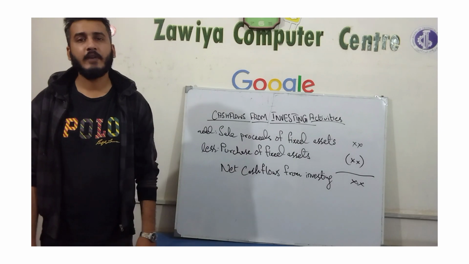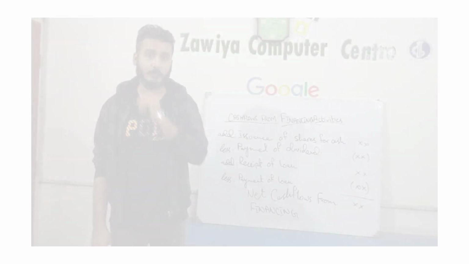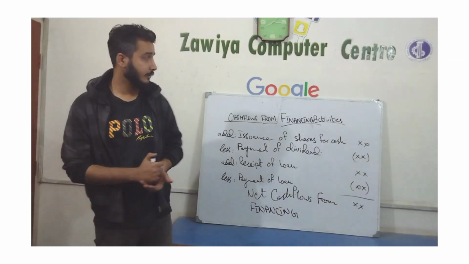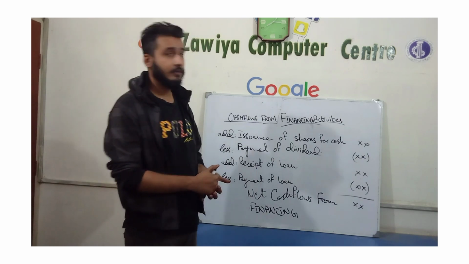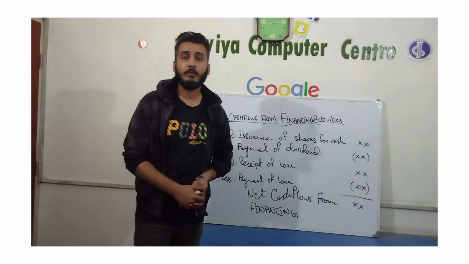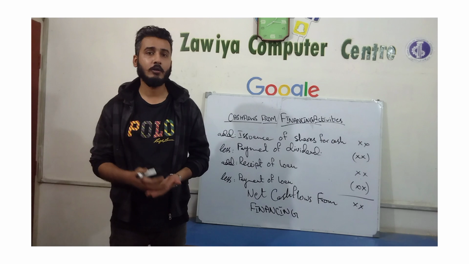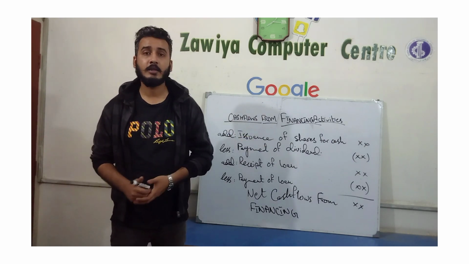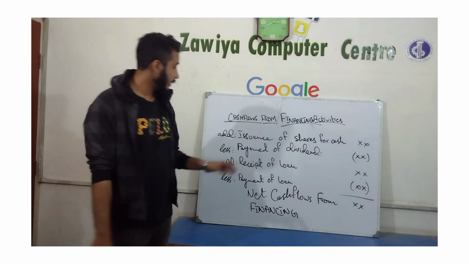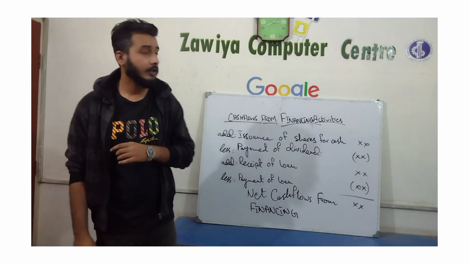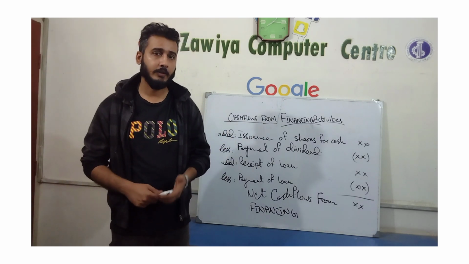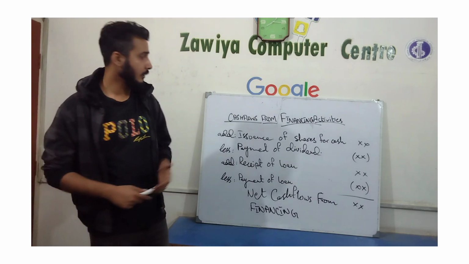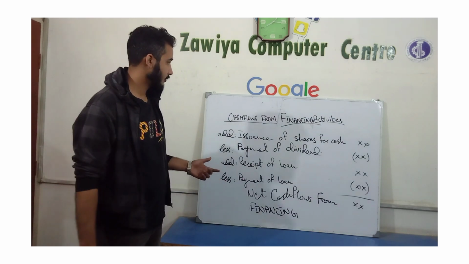Now let us move to the financing activities. So cash flows from financing activities. In financing activities, we discuss the equities, the long-term liabilities and the equity side. So if the company issues shares for cash, we should add it because it includes the inflow of cash.